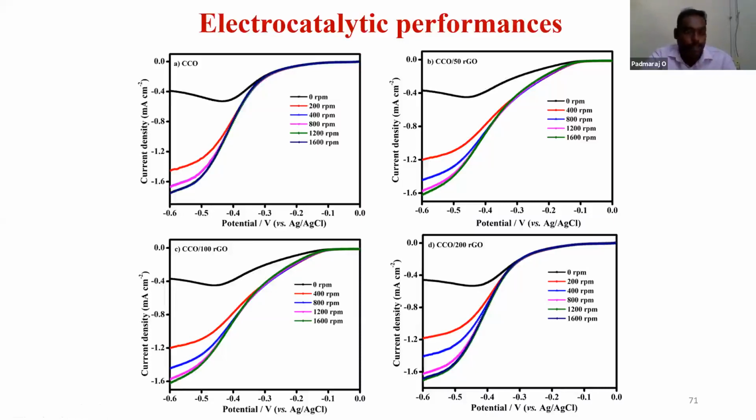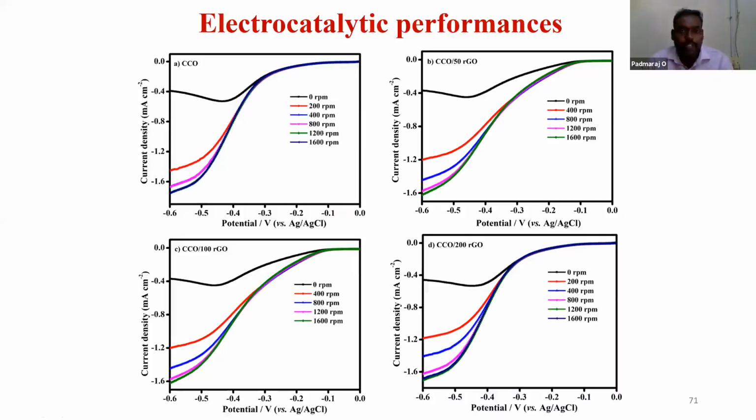Bifunctional means both ORR and OER processes should occur. I want to check whether the ORR and OER processes are happening or not, so I want to analyze the catalytic performance, that is, oxygen reduction and oxygen evolution reactions.